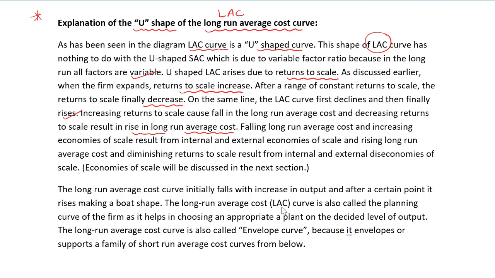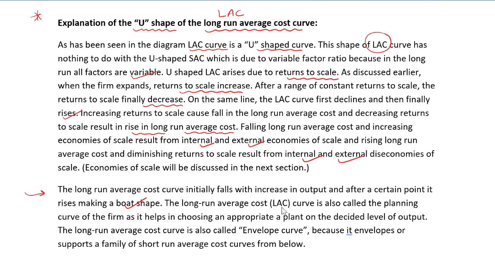Falling long run average cost and increasing returns to scale result from internal and external economies of scale, and rising long run average cost and diminishing returns to scale result from internal and external diseconomies of scale. So the long run average cost curve initially falls with increase in output, and after a certain point makes a boat shape.